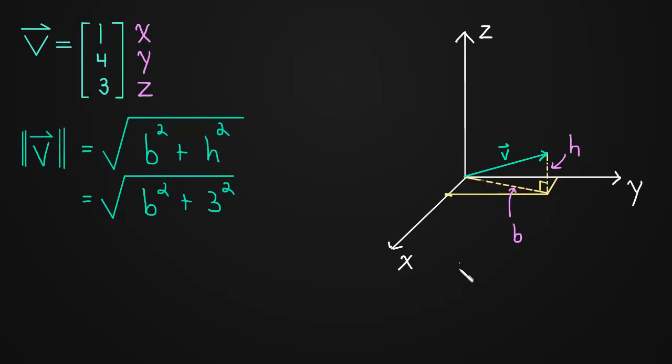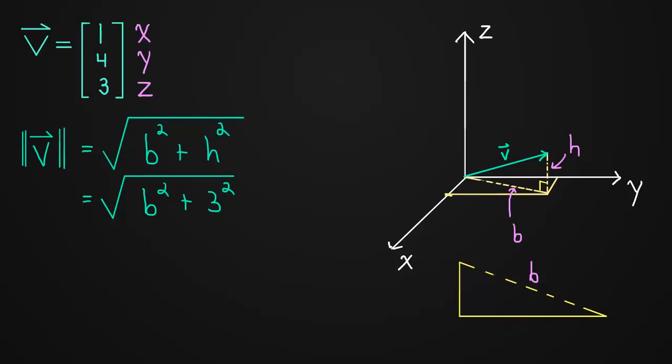In fact, let me pull that triangle out. So this is the triangle I'm talking about. B is the hypotenuse. Once again, for clarity, this is the triangle that I've pulled out. It's this triangle here.